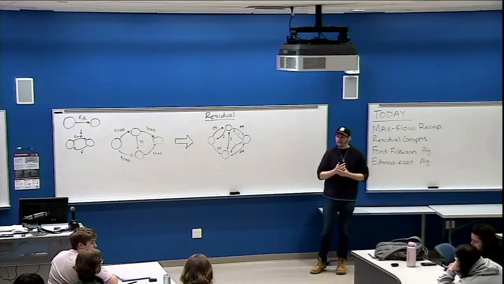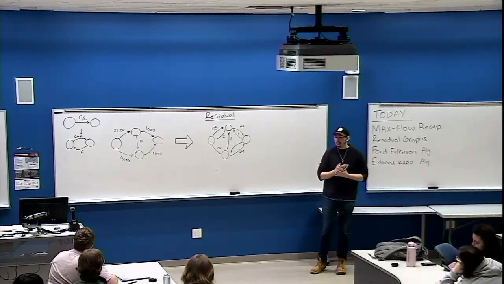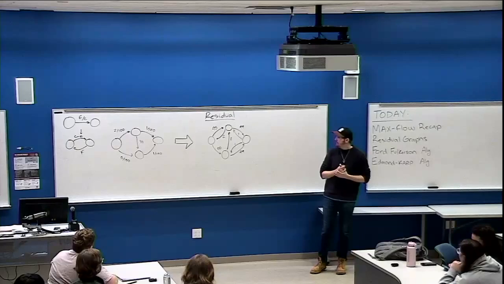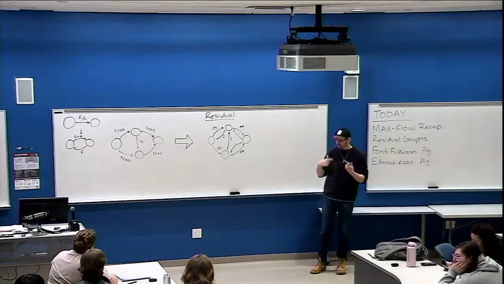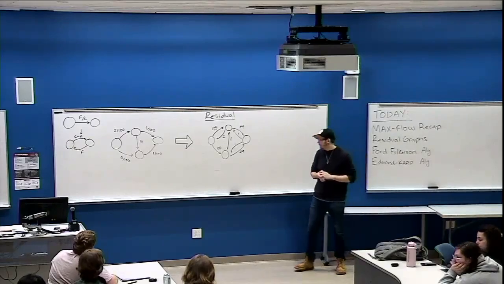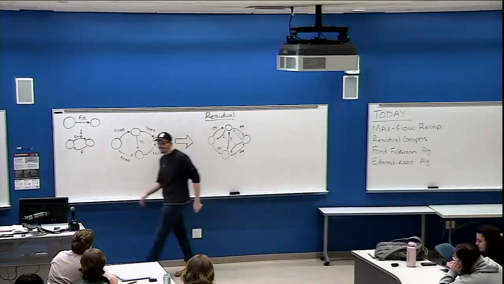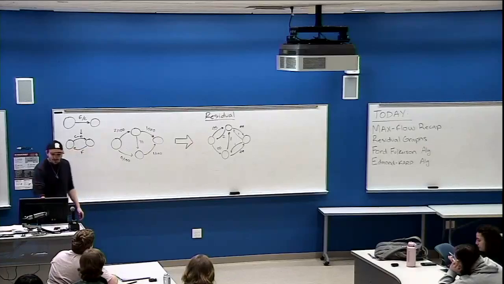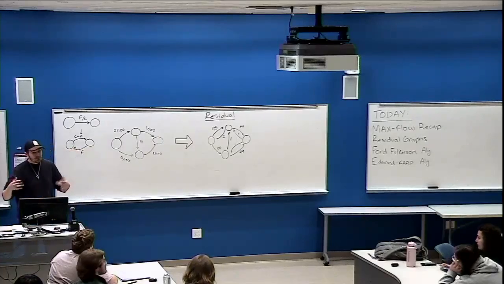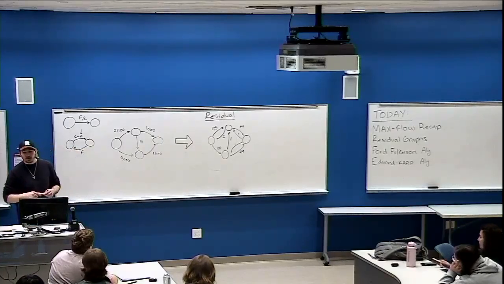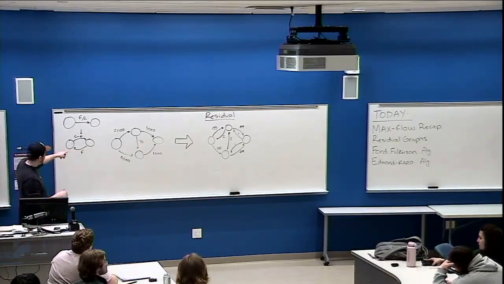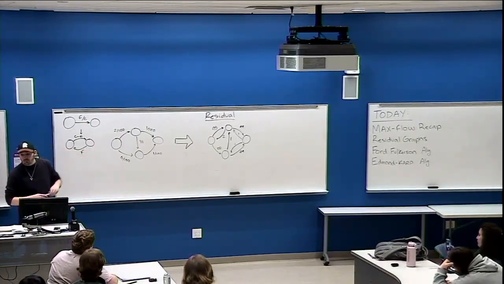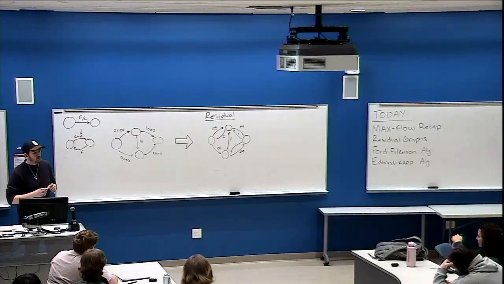Yeah, so continue from that thought. I appreciate the attempt. Sort of, but we need something a little bit stronger than this. Remember, what we're trying to find is some path in the original graph where I can add flow. So what could I do?